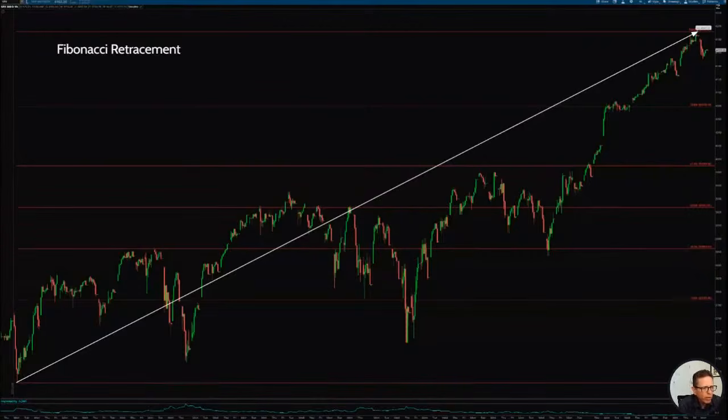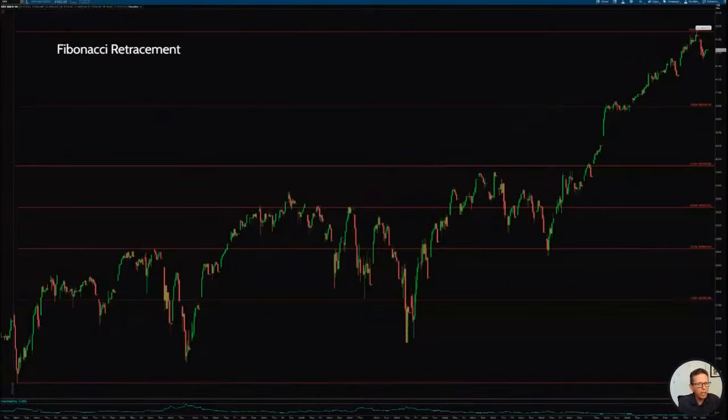I drew my fib from the left bottom corner to the top right corner, and in those fibs, you'll see support and resistance areas that appear. Let's go through that. These are the weeks.